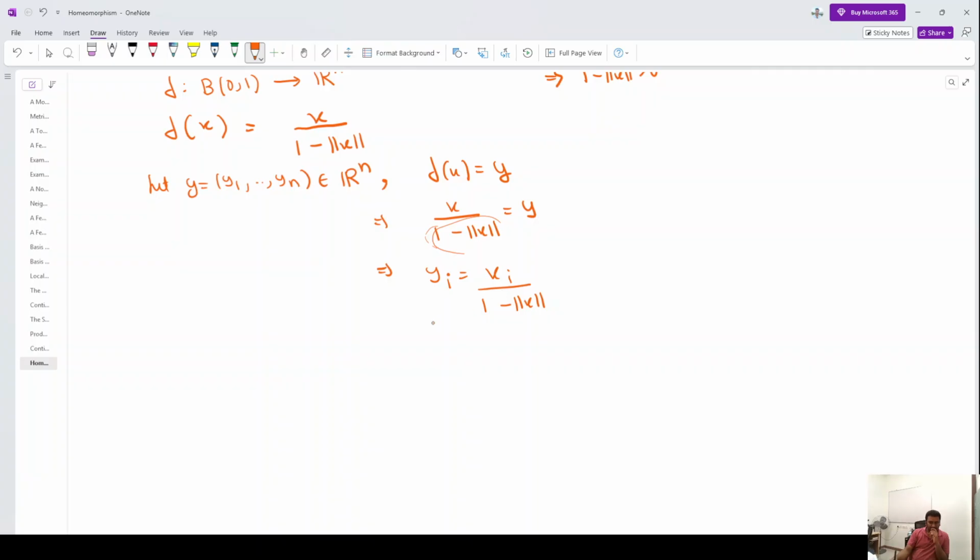What you are getting here is yi times (1 minus norm x) equals xi. But the xi that you want to form should be independent of x. So how will you do that? Any idea?